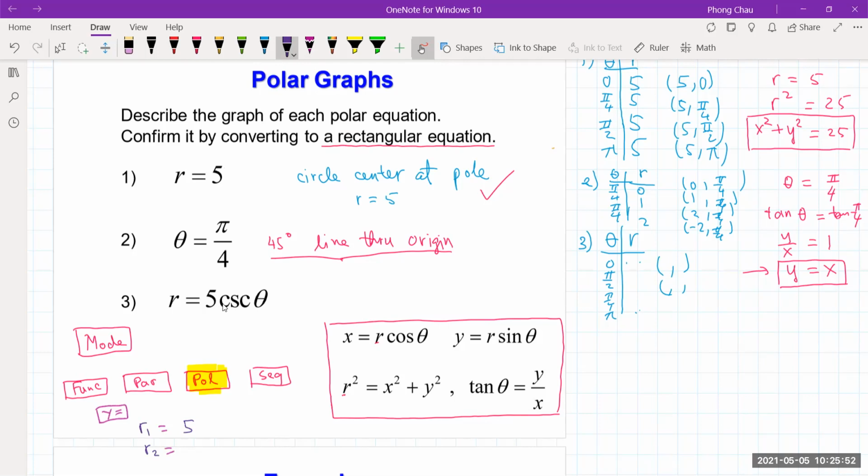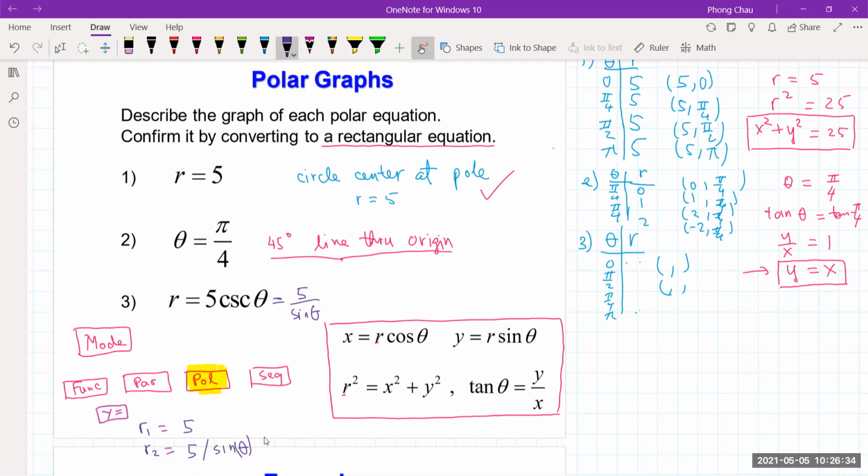And if you want to graph 5 cosecant, we don't have cosecant, so you have to rewrite that as 5 over sine, since cosecant is the reciprocal of sine. So you enter 5 divided by sine theta. When you enter theta in the calculator, you just hit the X button. It will automatically change to theta when we are in polar equation mode.